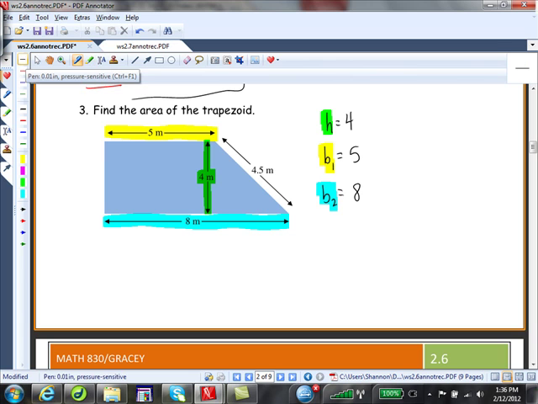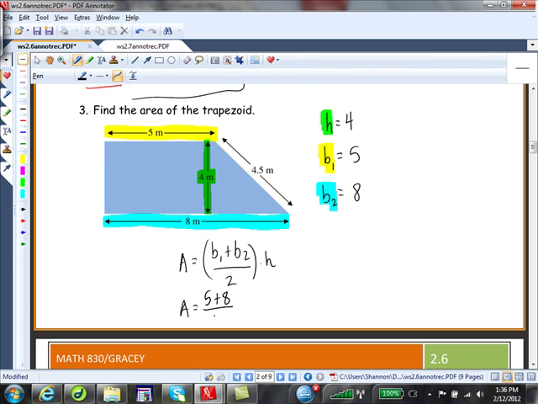Okay. So the area, remember, is the average of the bases. So B1 plus B2 divided by 2, and then times the height. So the area will be 5 plus 8 divided by 2 times 4. So this is what we plugged in for everything. Now notice that we can go ahead and divide this 2 out, right?